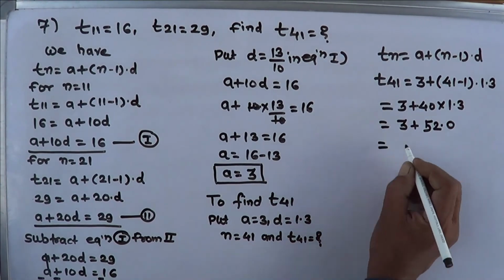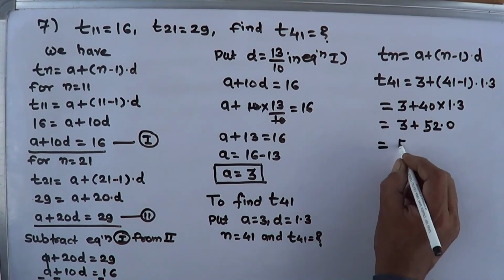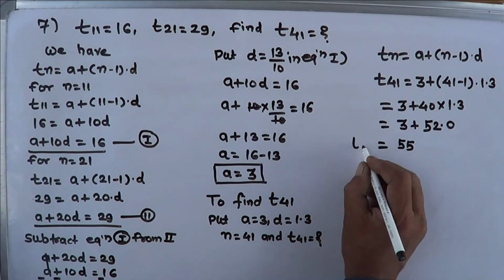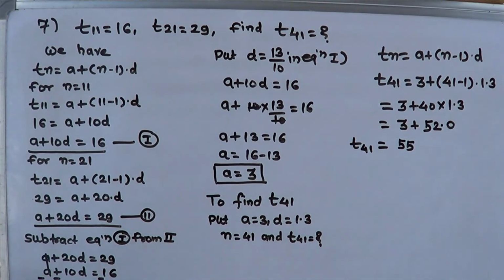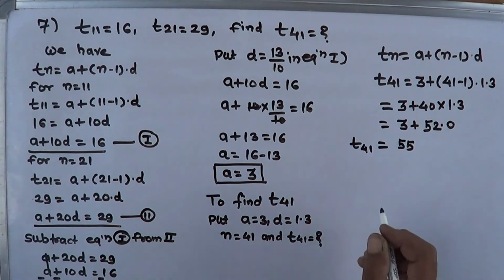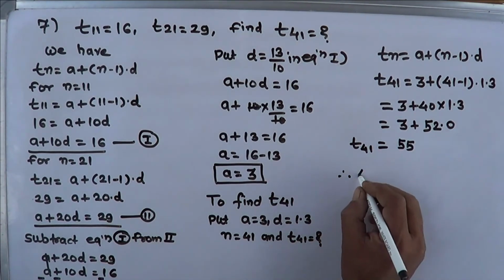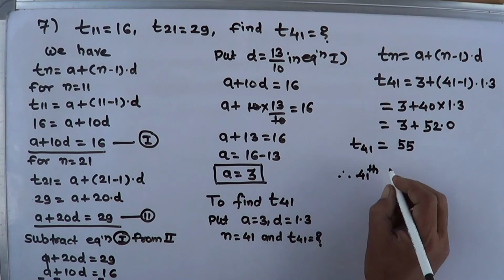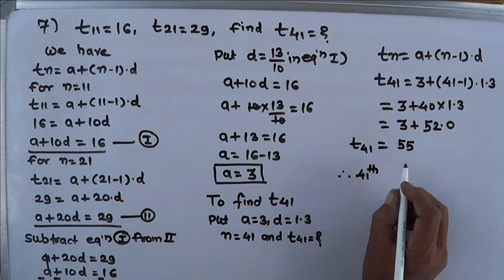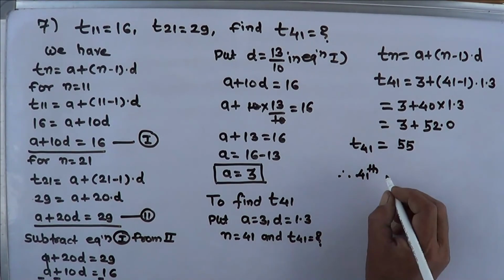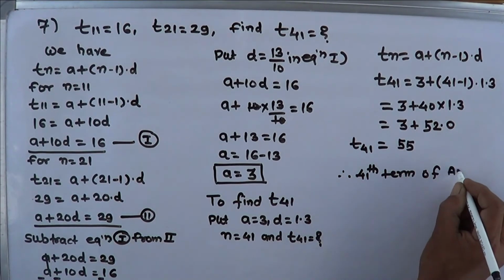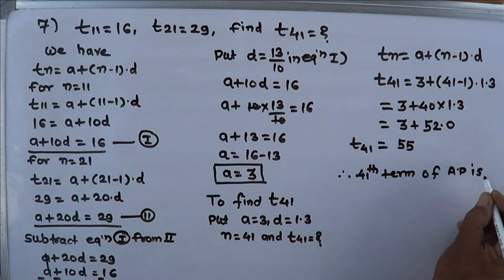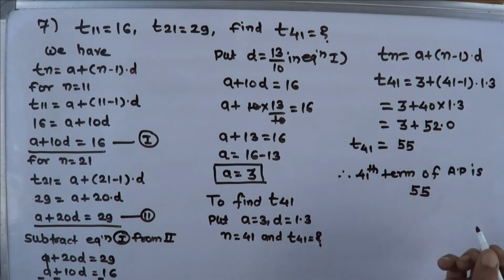So this will be equal to 52 plus 3, that is equal to 55, and this is our T41. So our 41st term of AP is 55.